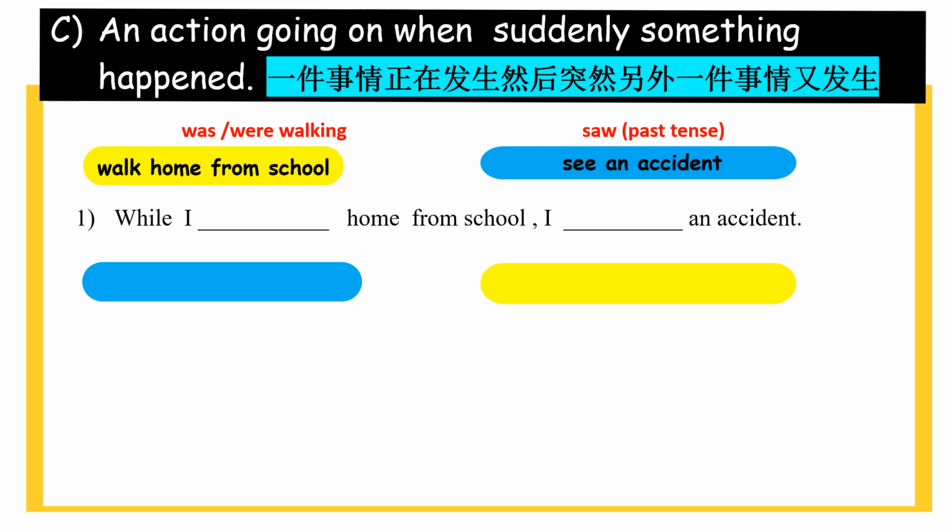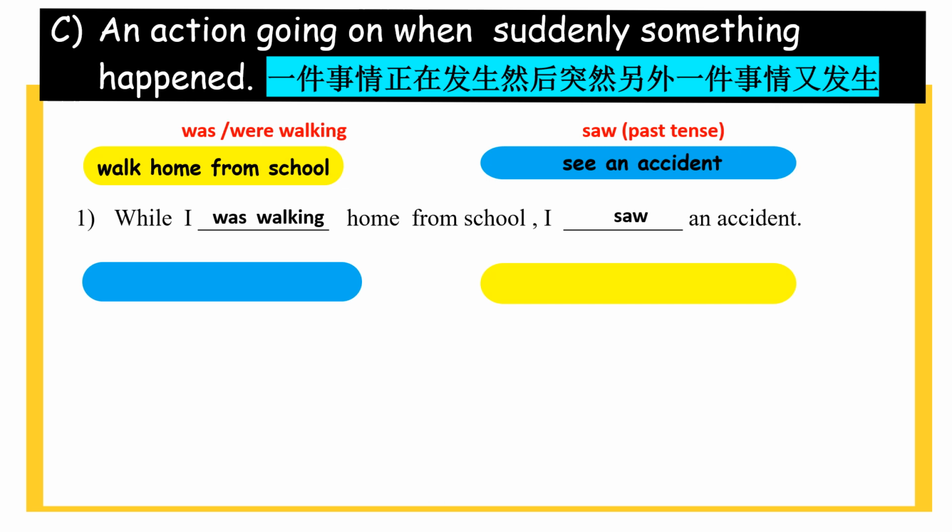讲我看到一场车祸，就是突然间发生。Okay, so your answer should be while I was walking home from school and I saw. Okay, while I was walking home from school, I saw an accident. So this is the action going on, suddenly something happened. This is the type of sentence where we talk about action going on and then suddenly something happened.